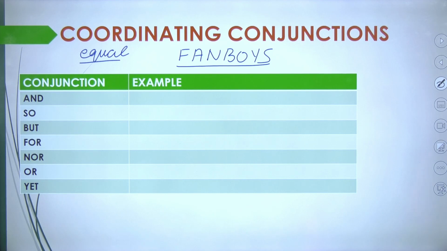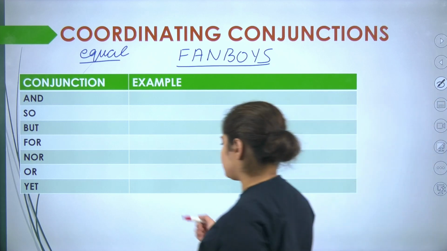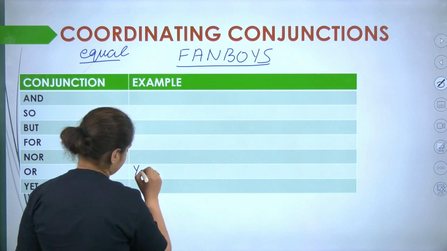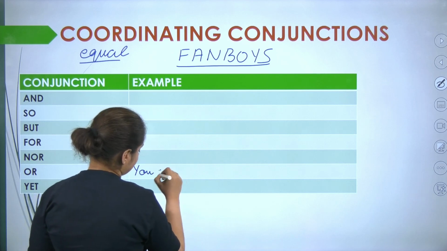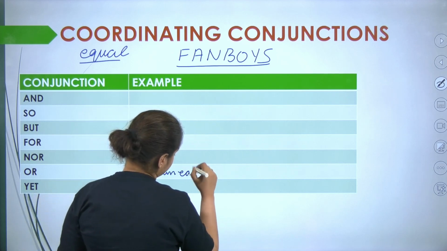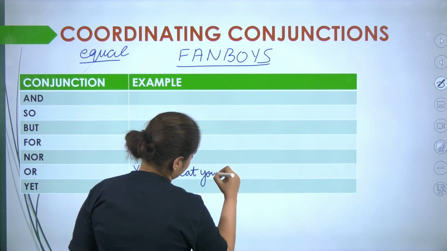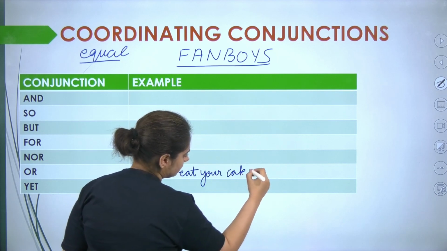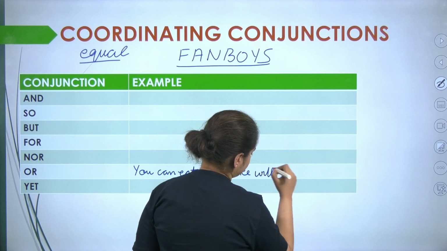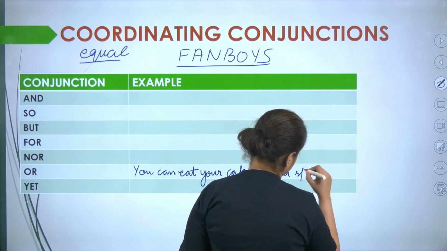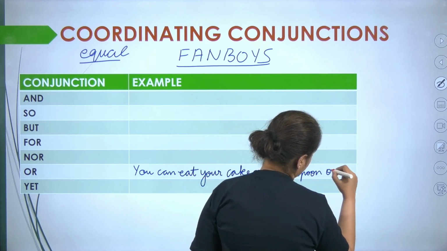You can eat your cake with a spoon or fork. Now you don't need either here, or always as a pair. So I can write this sentence: you can eat your cake with a spoon or fork.